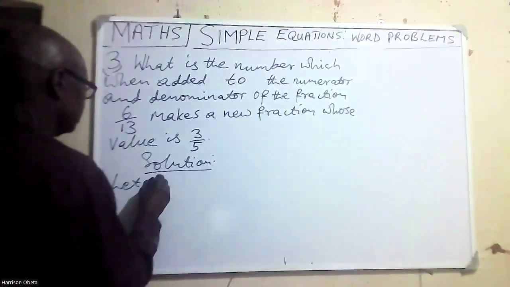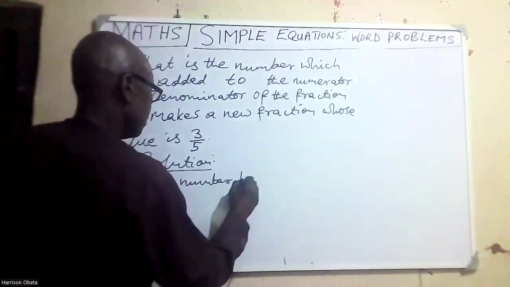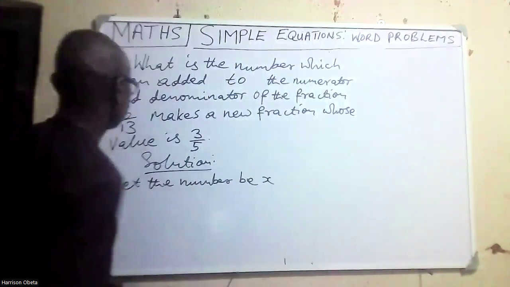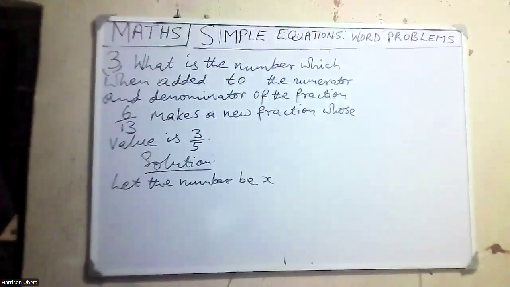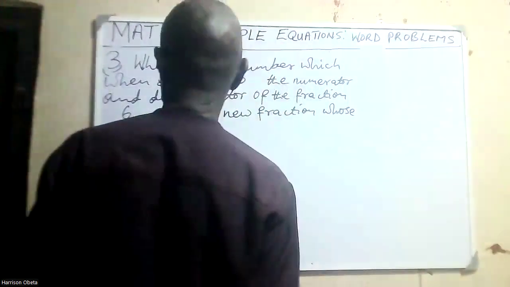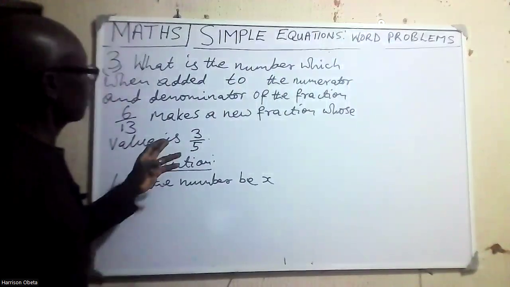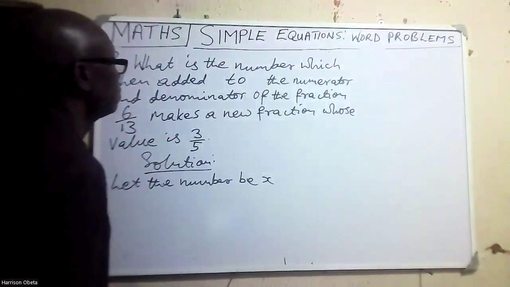Let the number be x. And that means that if I should add x to both the numerator and denominator, I will now get another fraction.